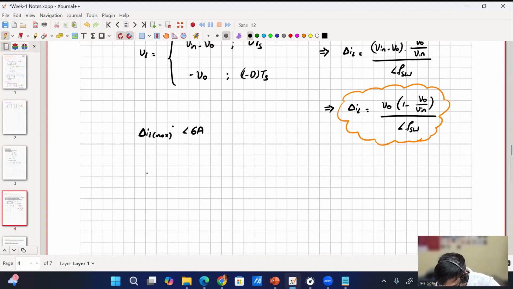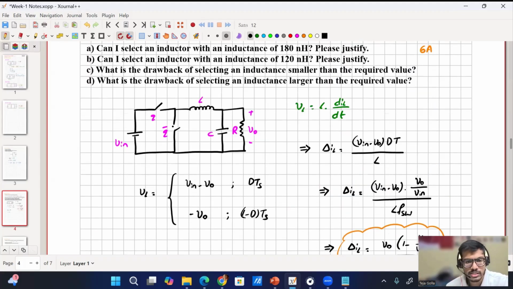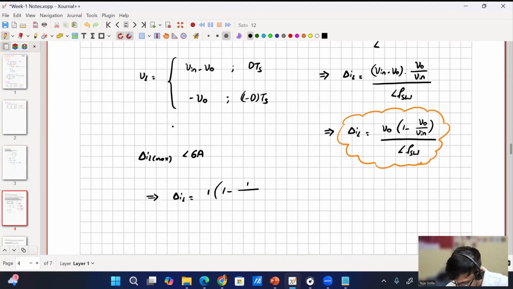Now if you calculate, I hope you have calculators. Please calculate. V0 I have given as 1, and V0 is also 1 because it is regulated. Input is 12. Then I have to calculate the inductor, and the switching frequency is 1 megahertz, so 10 to the power minus 6. This should be less than 6.